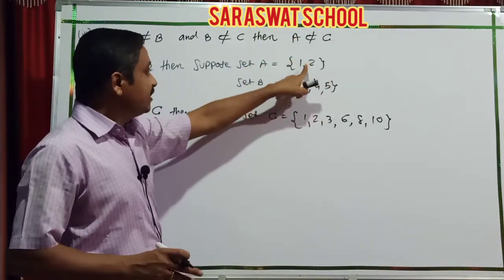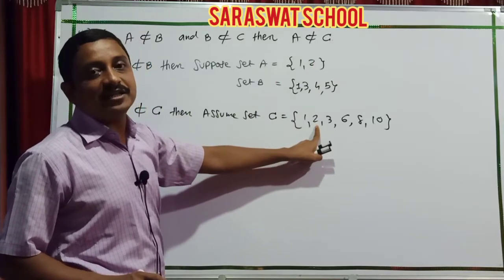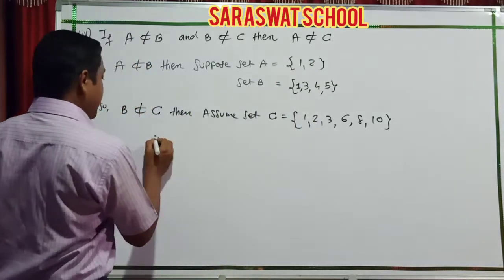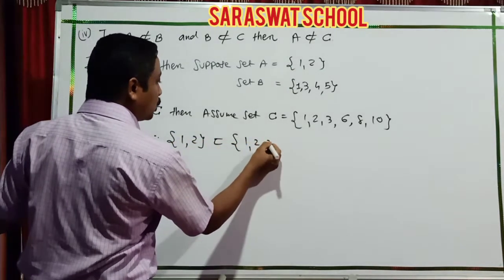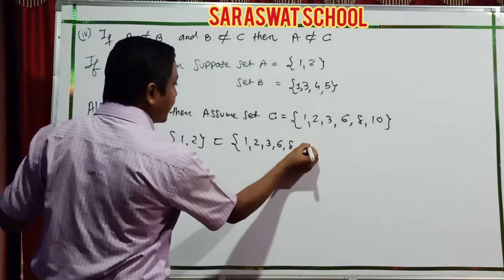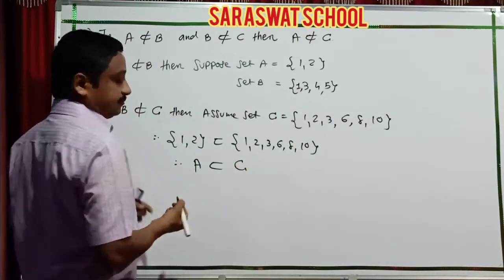Is A a subset of C? Is A, 1 2, present here? Yes, A is present in that C. So I just write down here that {1, 2} is a subset of {1, 2, 3, 6, 8, 10}, and here it shows that A is a subset of C.